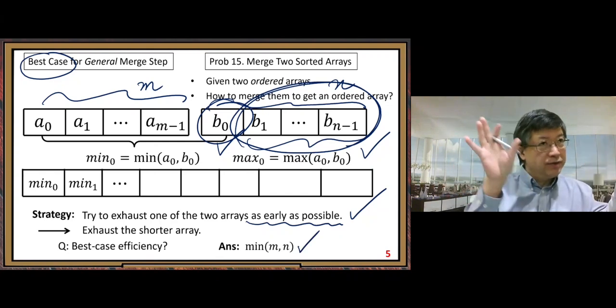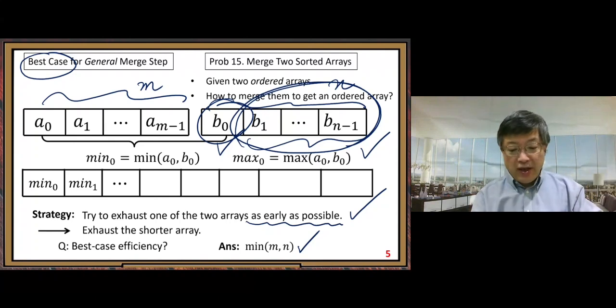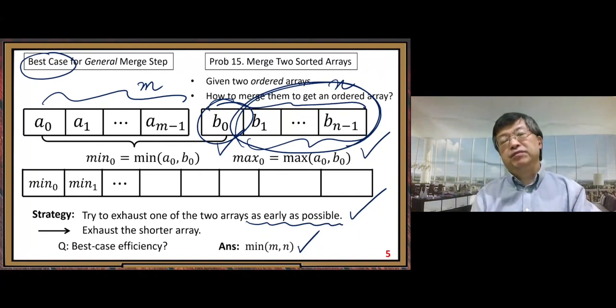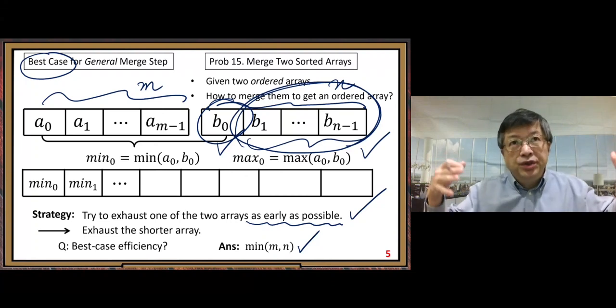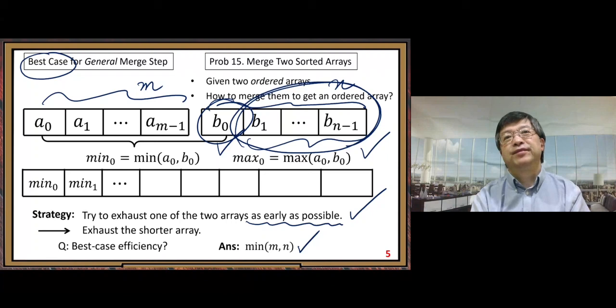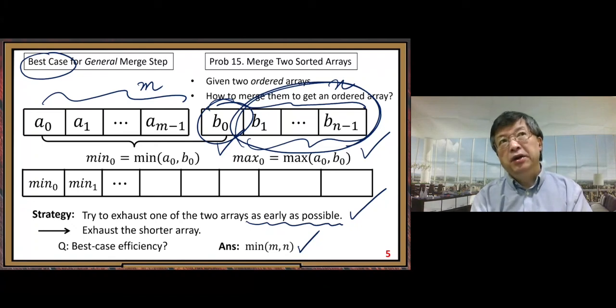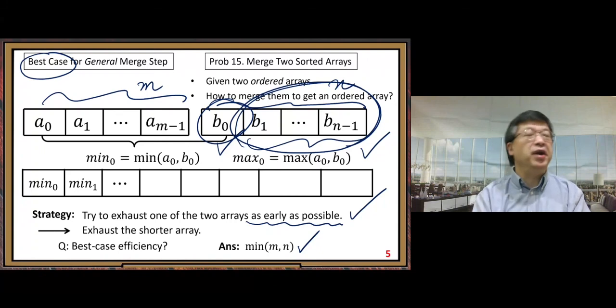Best case, worst case. So we have everything we need to merge two sorted arrays. Here, I just mentioned the best case and the worst case. You may wonder, how about the average case? The average case could be very complicated, so usually I may not ask you to do it.